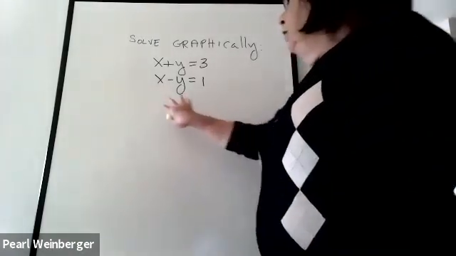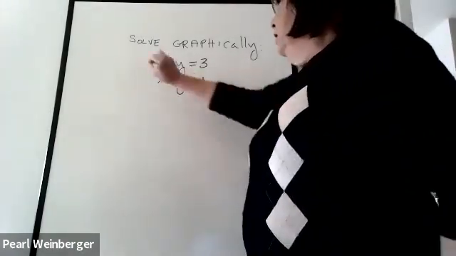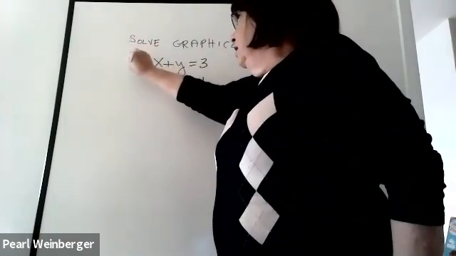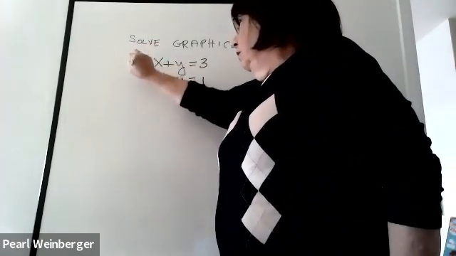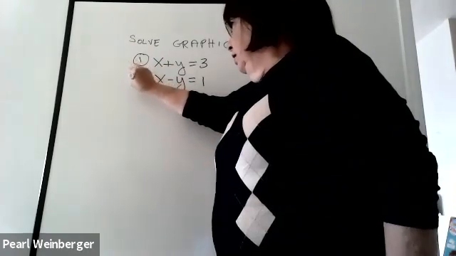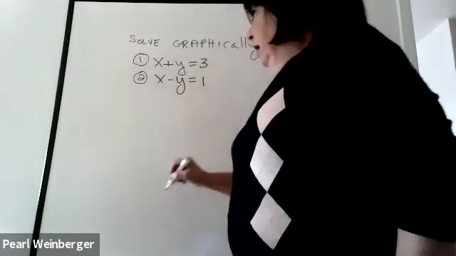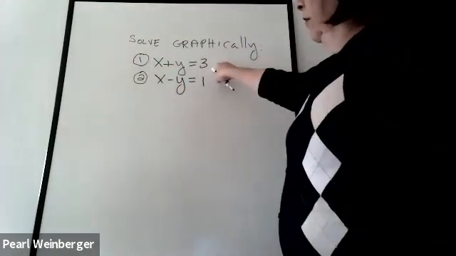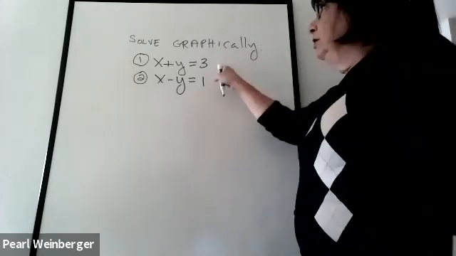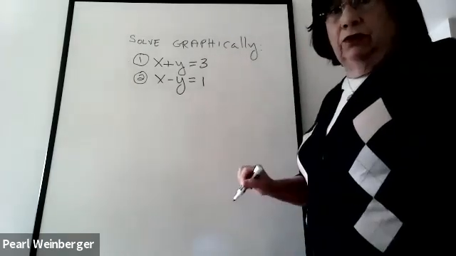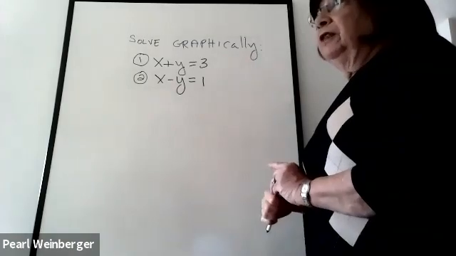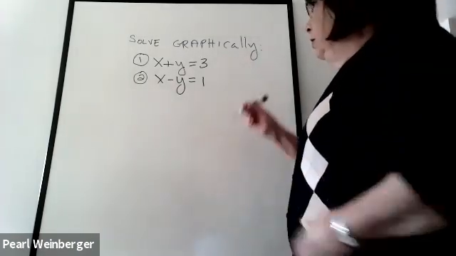Okay, so if we want to solve this graphically, let's call this equation 1 and this one equation 2. And when we want to graph them, it looks like it would be good to try graphing by the intercept method.